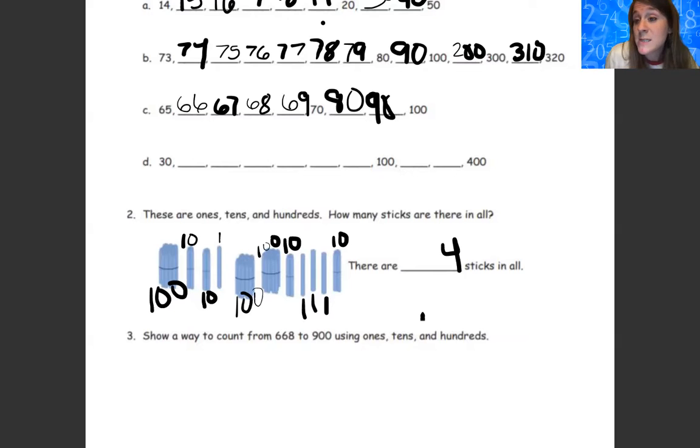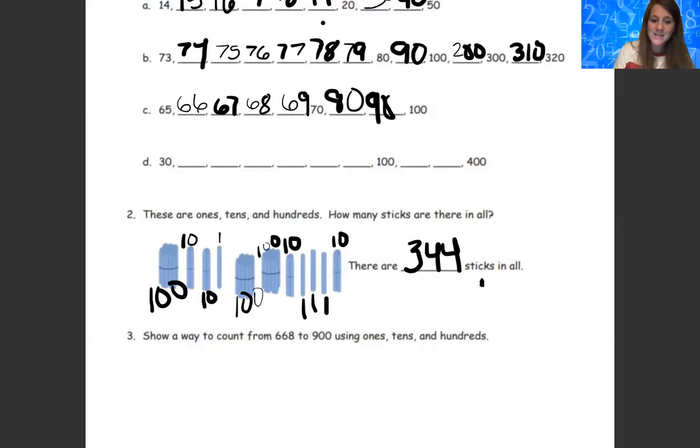Now, how many groups of 10 are there? Yeah, there's 4 groups of 10, which is 40. So we're going to put a 4 in the 10 spot. Now, how many groups of 100 are there? Yeah, there's 3 groups of 100. So 300. Ready? 344 sticks in all.